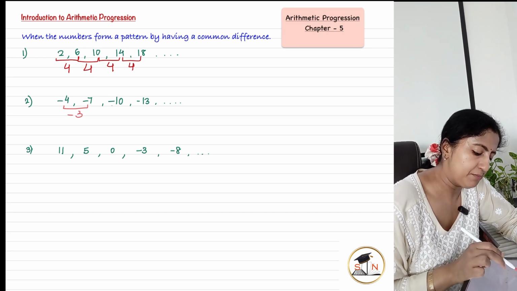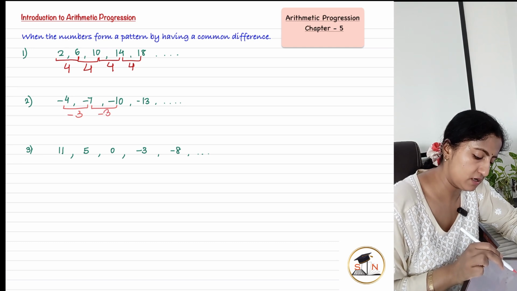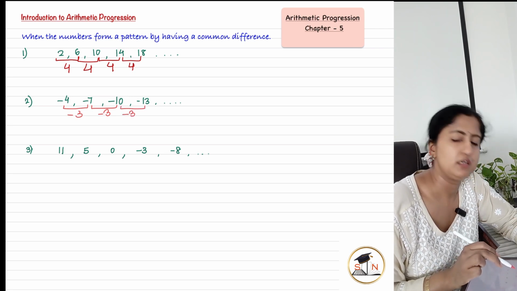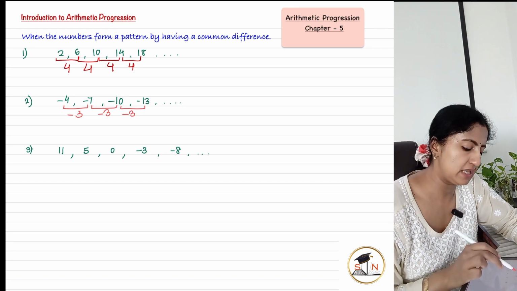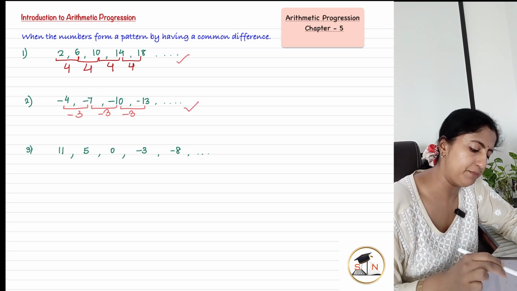Next, minus 10 minus minus 7, again minus 3. Minus 13 minus minus 10, again minus 3. So that means the difference is the same all through. Therefore, this is also an AP.